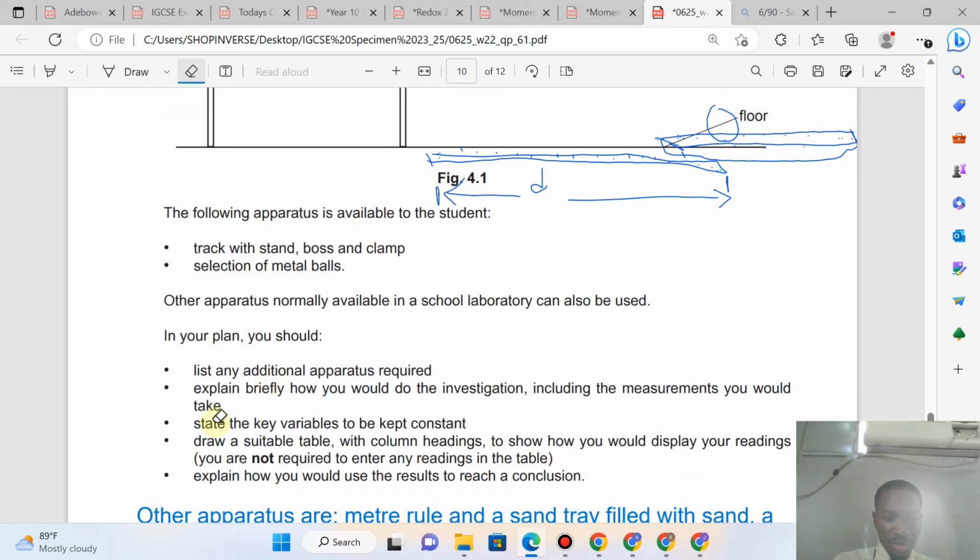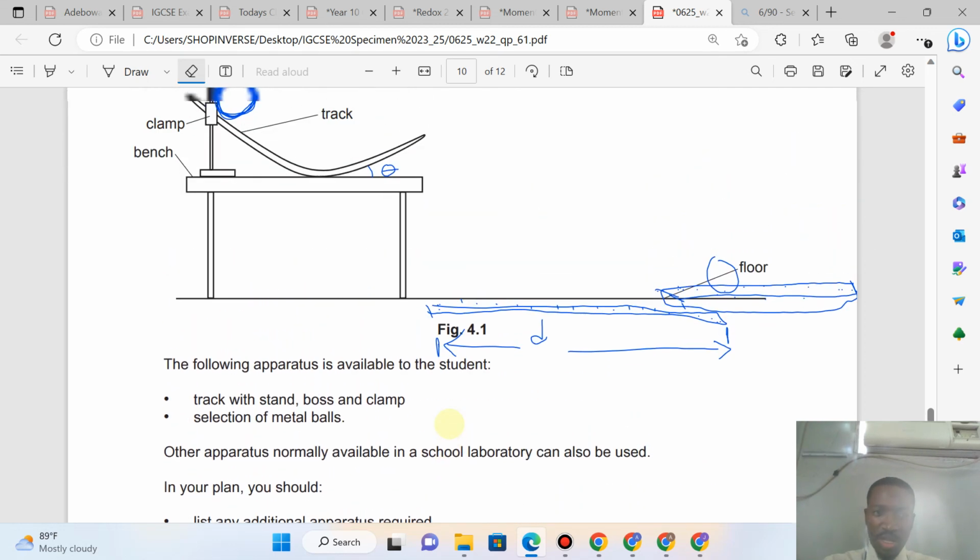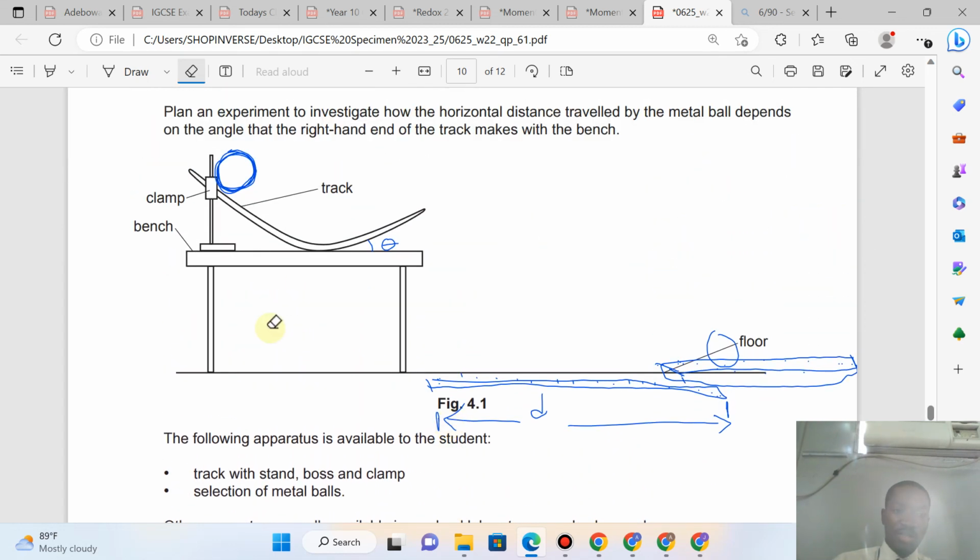The next thing you do is state the key variables to be kept constant. So what are the variables you keep constant? Number one is the mass of the ball. The mass of the ball must be kept constant. Apart from the mass of the ball, what else will you keep constant? You avoid wind. Wind can be blowing against this ball.